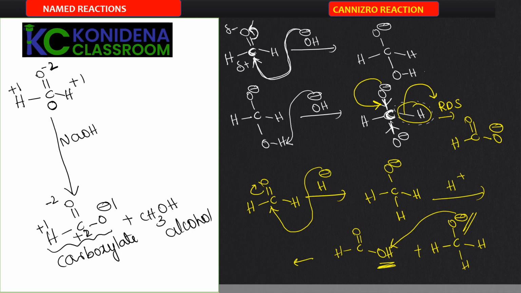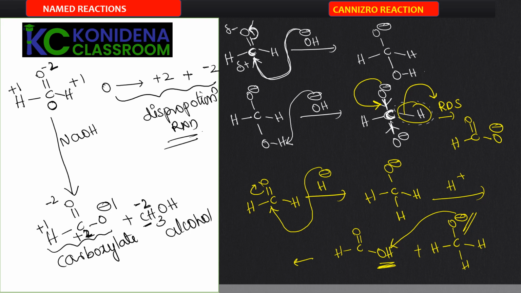So the change in oxidation state from 0 to +2 and 0 to -2 is called disproportionation. This is the mechanism involved in the Cannizzaro reaction.